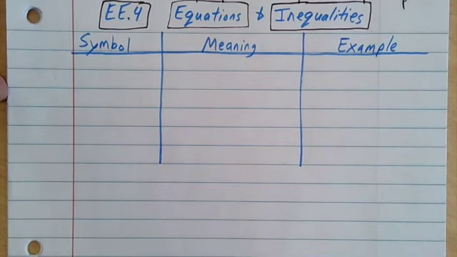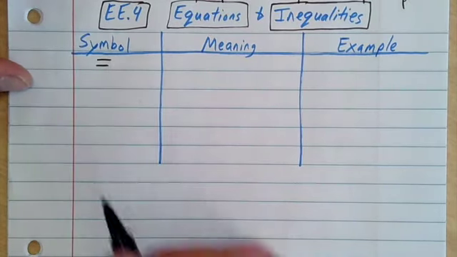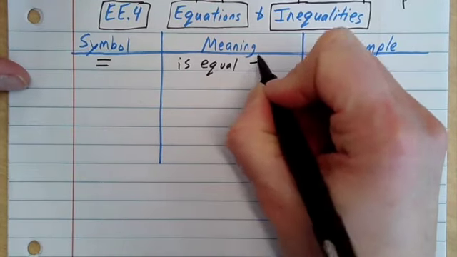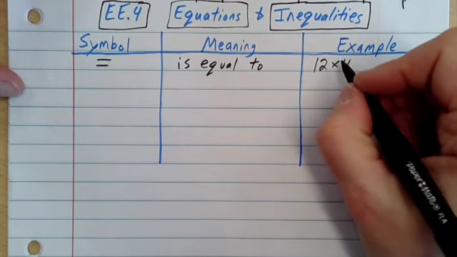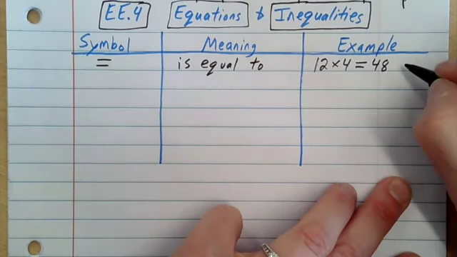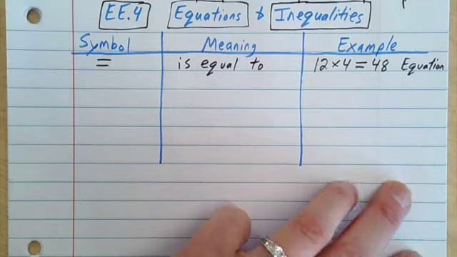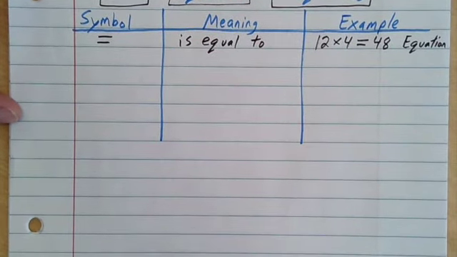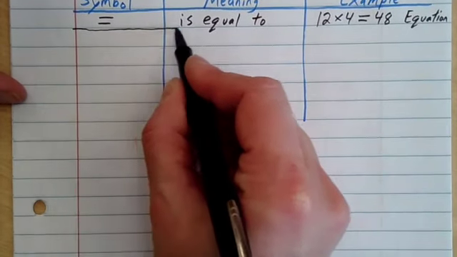The first symbol I'm going to give you is the equal symbol. That means is equal to. If I say 12 times 4 on the left, that is equal to 48 on the right. This is an example of an equation. Remember, an equation has to have an equal sign. Put a little line here in our chart.